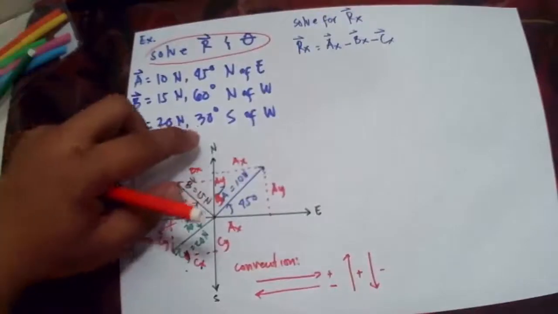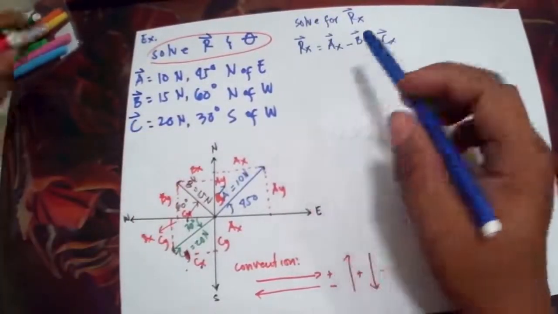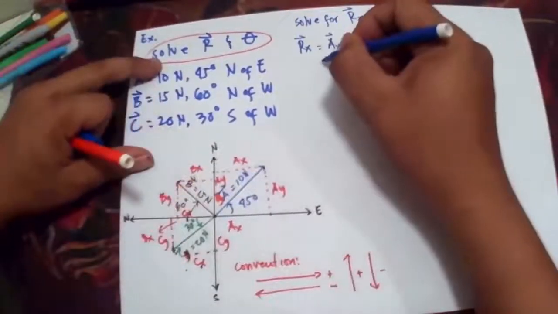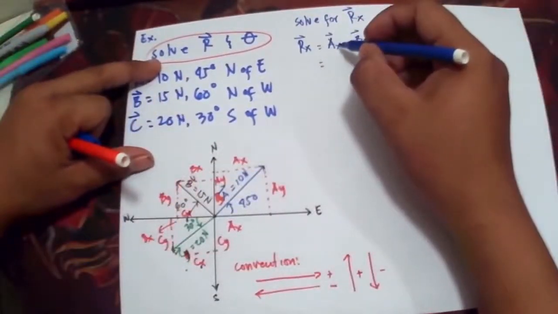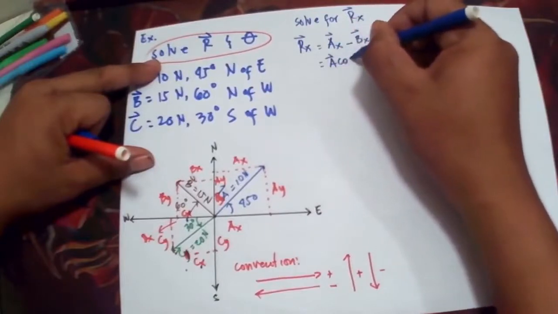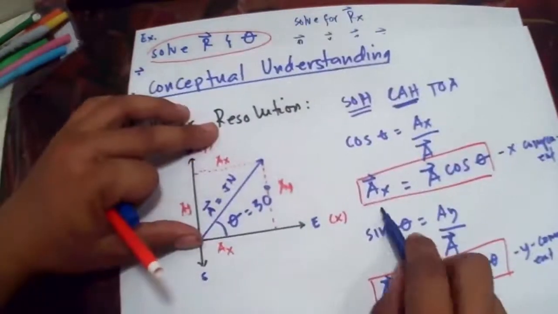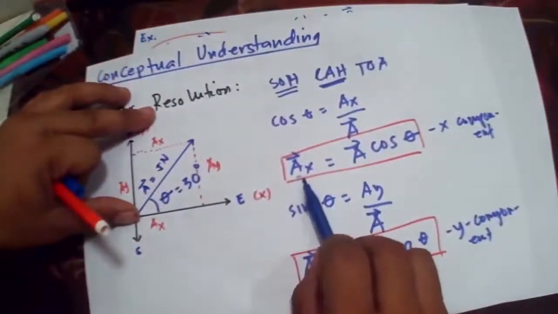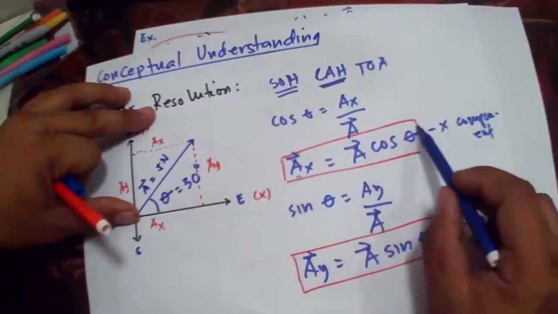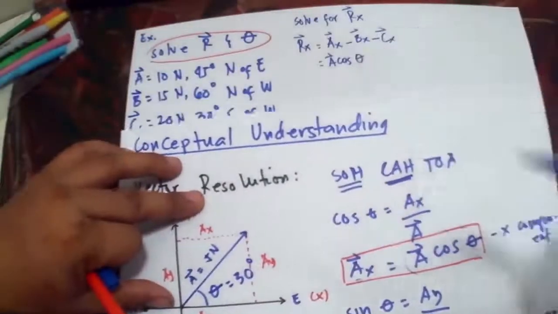So we are going to extend this formula. A sub x is equal to vector A cosine theta, so we will use this to substitute for A sub x here.